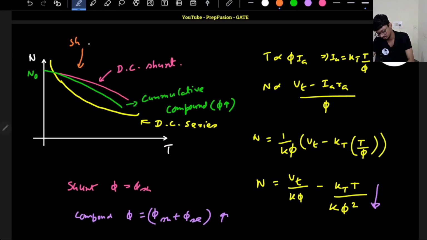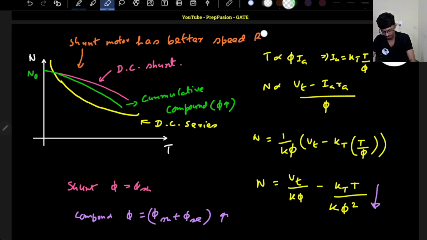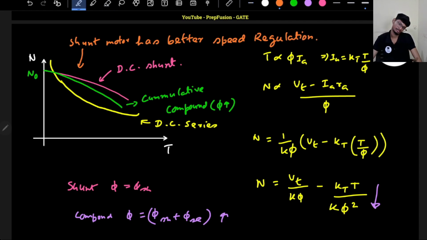So the shunt motor has better speed regulation.